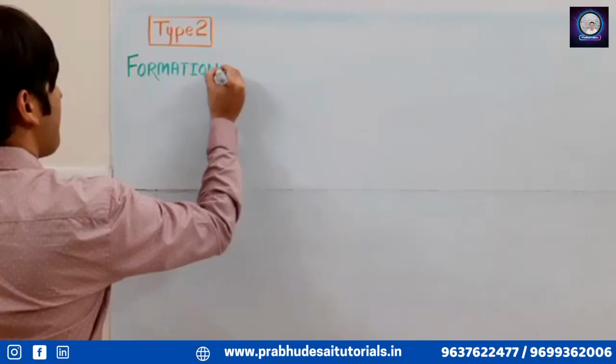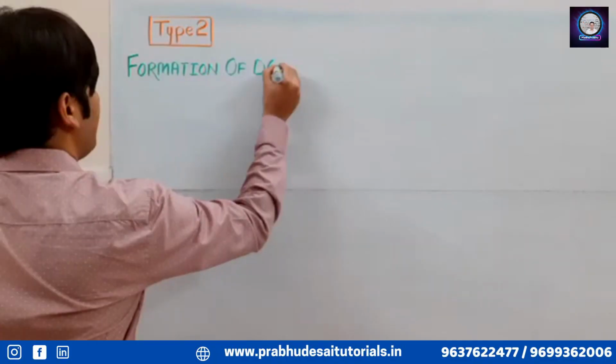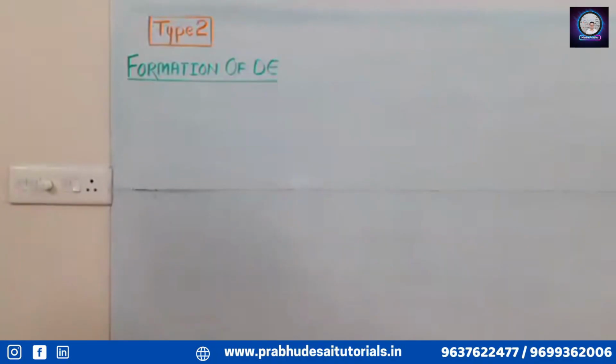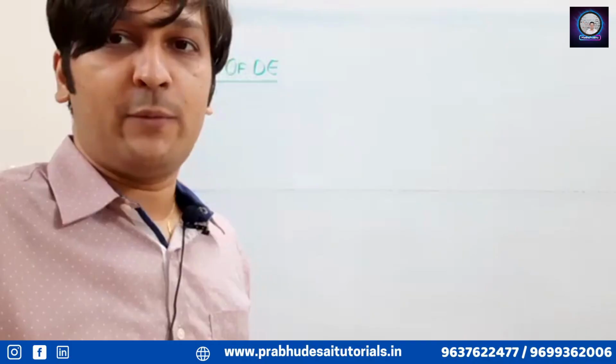Most important part. Check how these differential equations are formed. We are going to form differential equations, and there is one important rule I want you all to listen to.